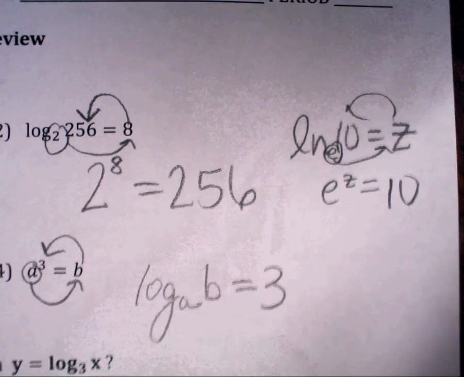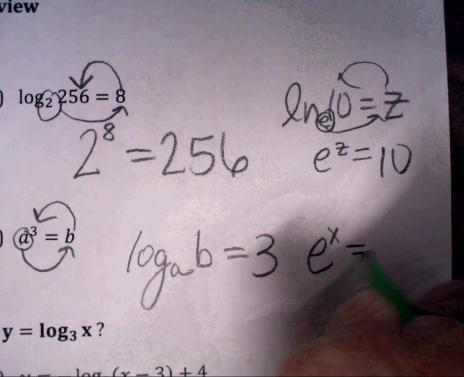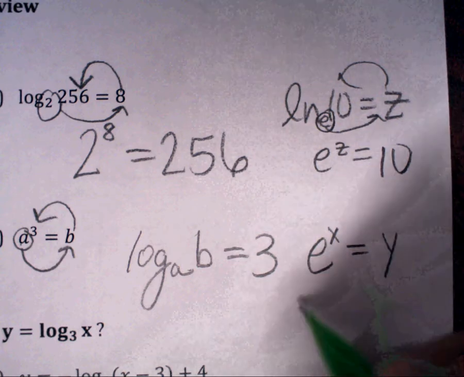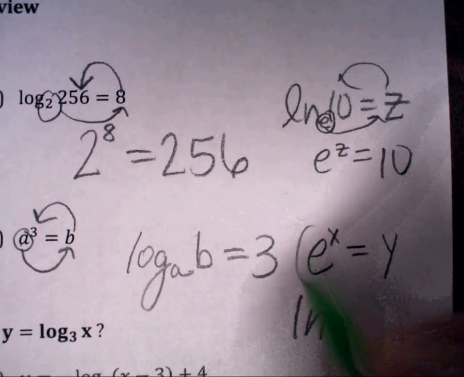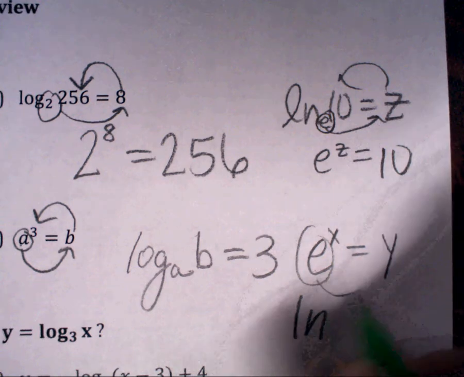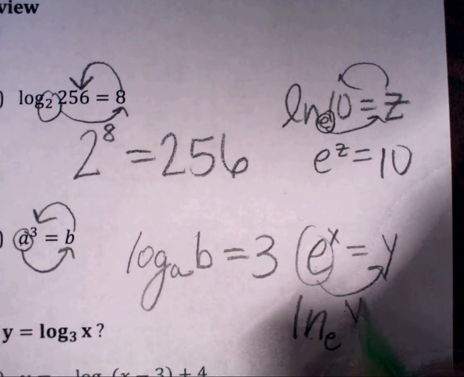And then how would you rewrite this one? Same thing. I guess you could say log e, but ln and e go together, so that's why we do ln. ln e, y equals x.